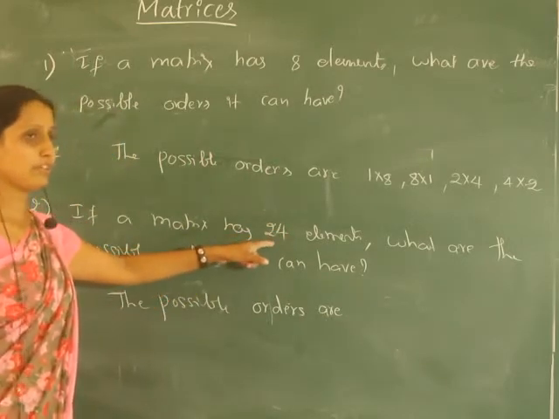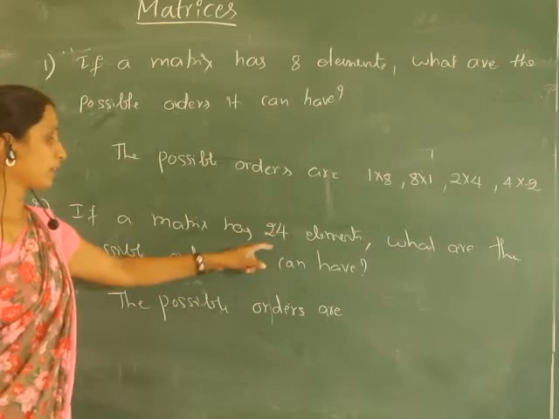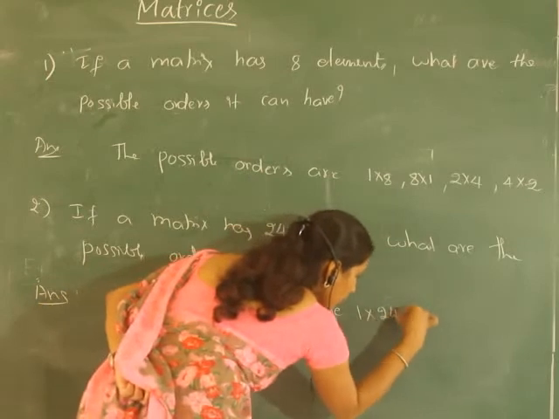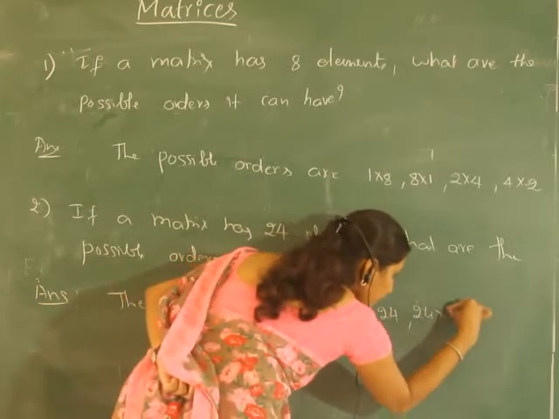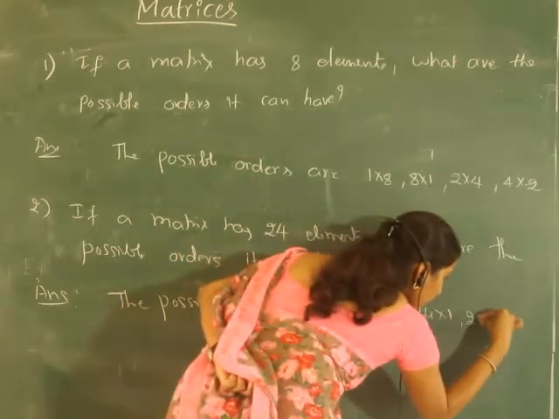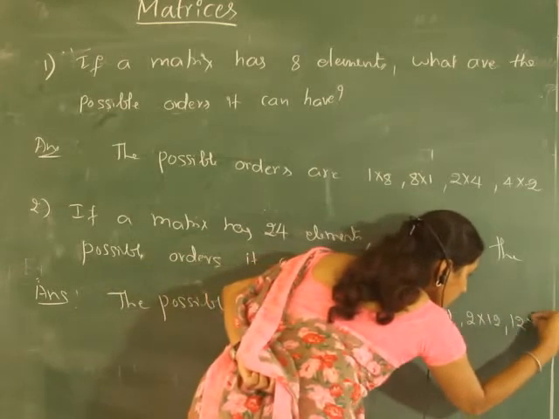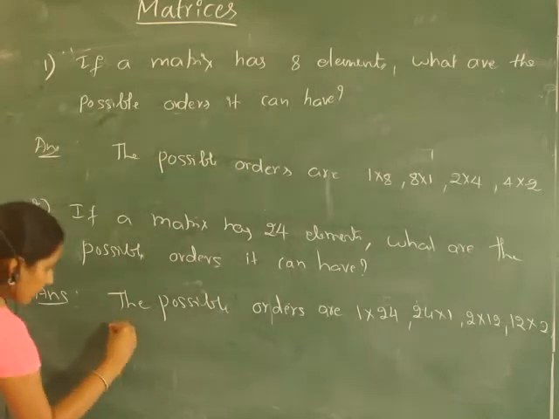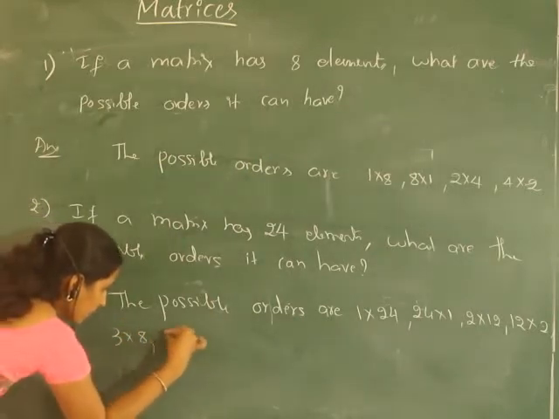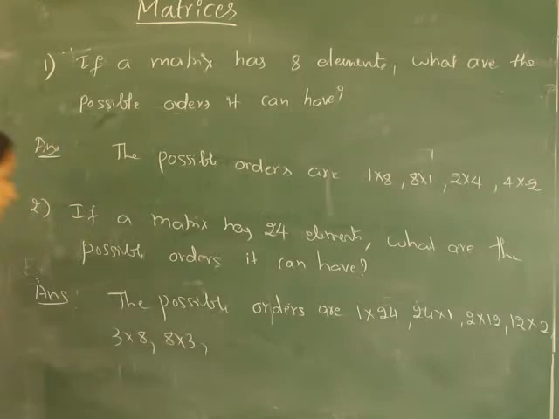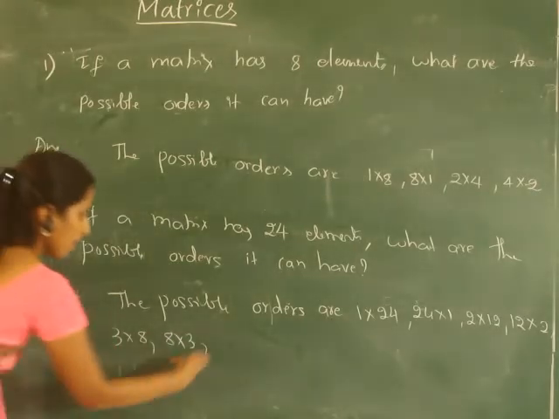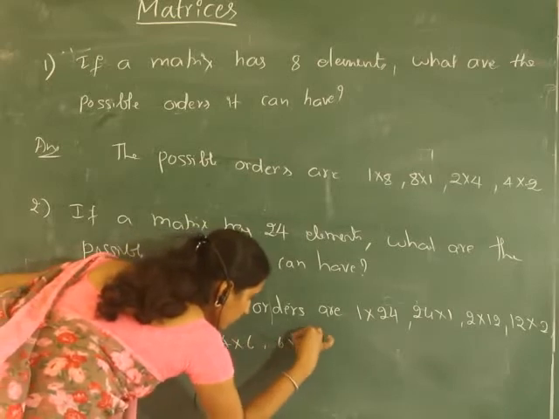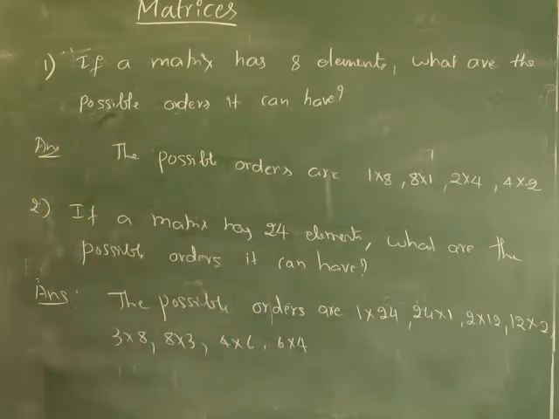When we get the product as 24, we have 1 by 24 or 24 by 1, then 2 by 12 or 12 by 2 is also possible, then 3 by 8, 8 by 3 is also possible, then 4 by 6 and 6 by 4 is also possible.